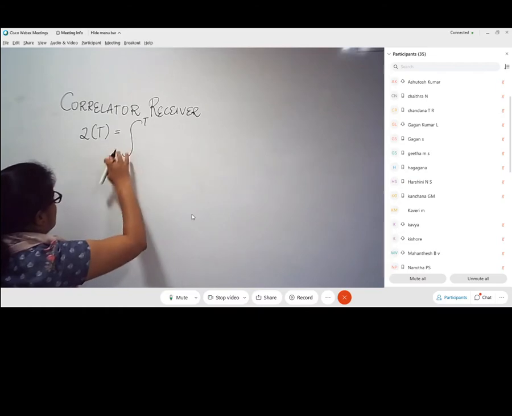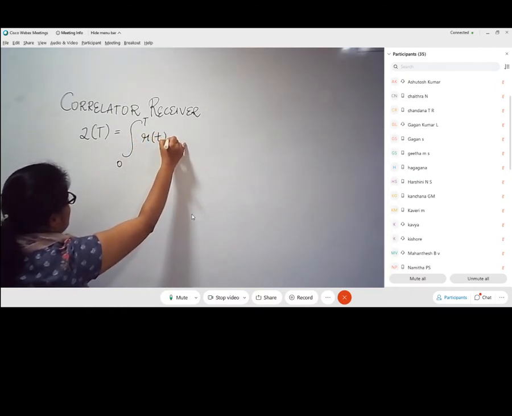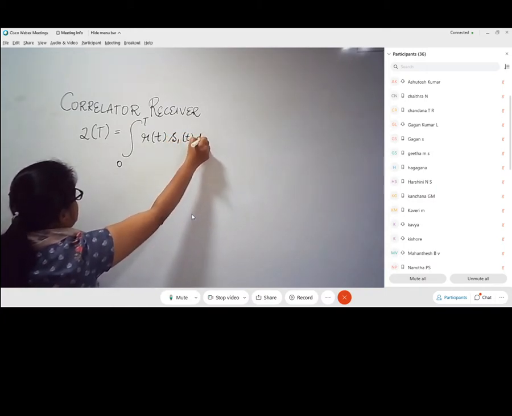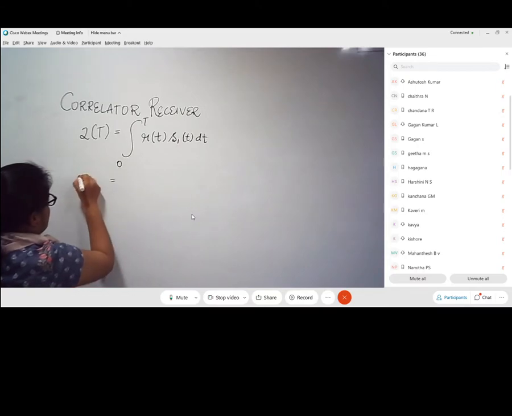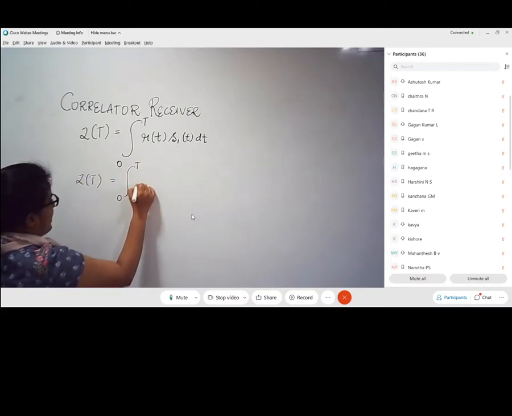What are we going to integrate? The product of the received signal with the reference signal. The reference signal can be the symbols themselves, or the reference could also be what are known as basis functions.